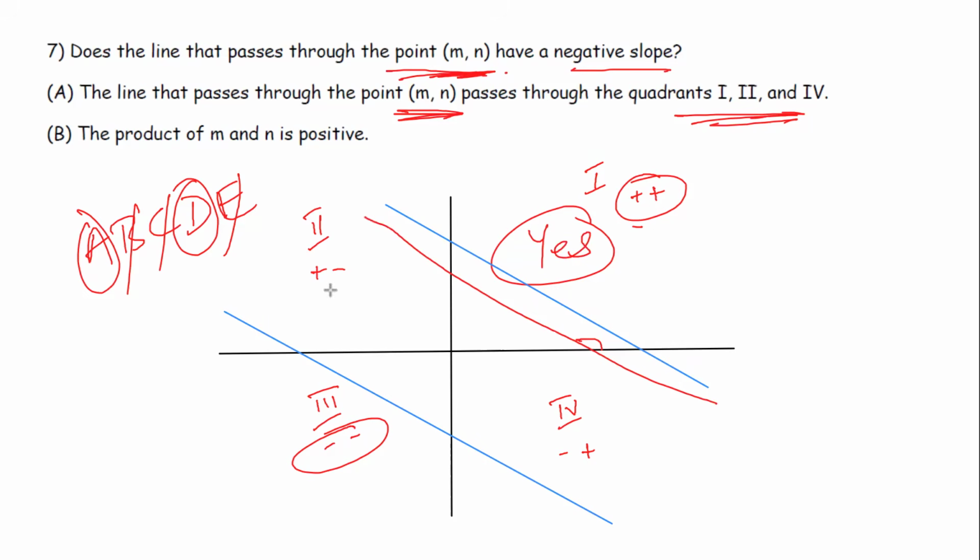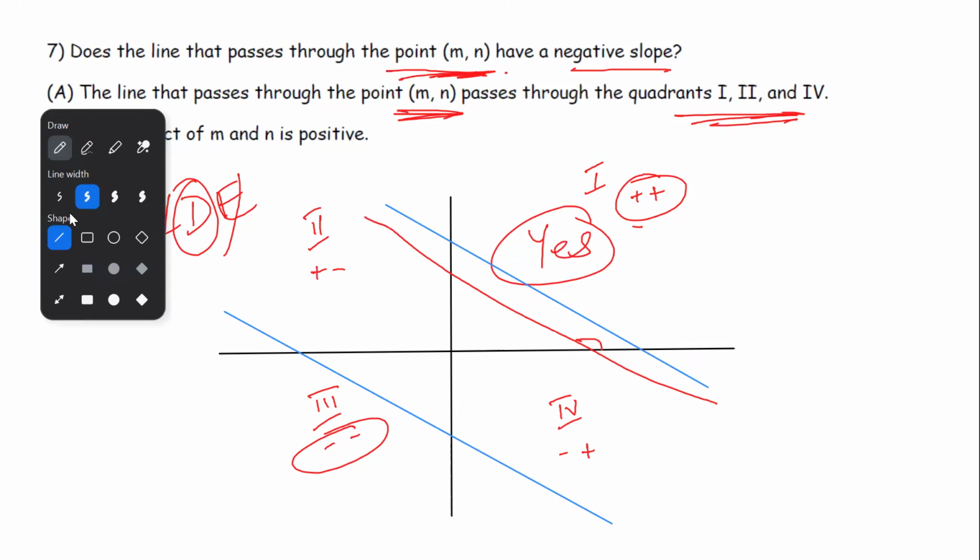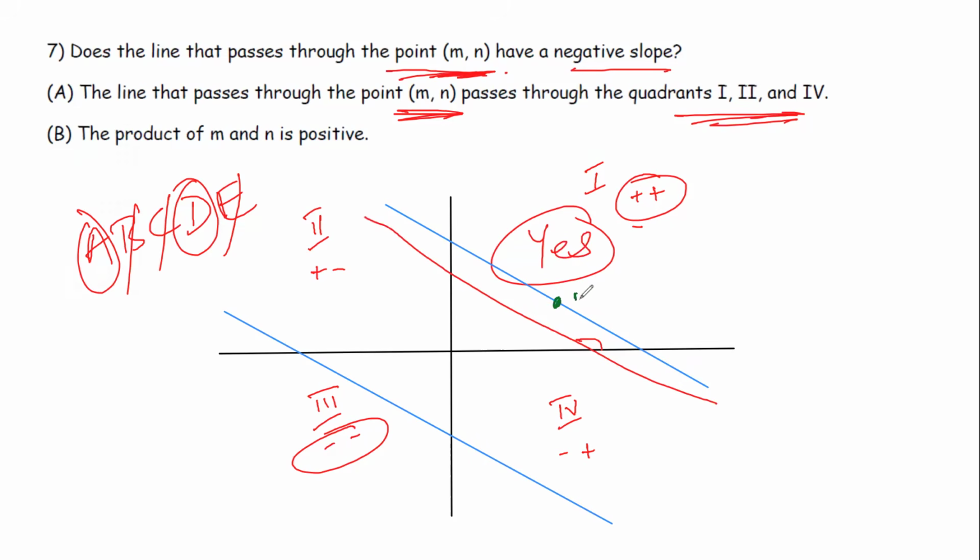Now, suppose I take this as my point Mn. So who says it has to go negative? It could go positive also. Now it could go like this also, right? Because we have to ignore the first statement while solving the question.